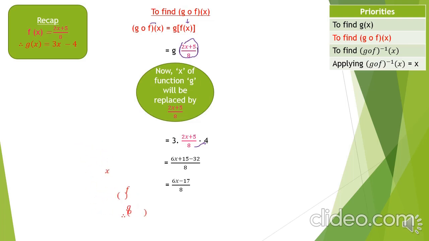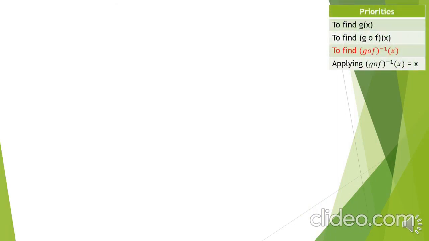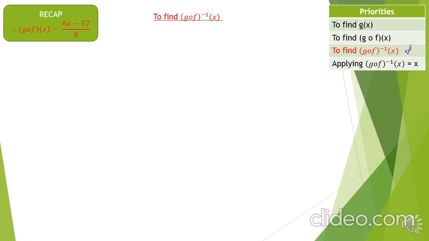Also, in the next slide we have to find the inverse of this. Now we are on this step, to find (g∘f) inverse of x. What we have up to now is (g∘f)(x) equal to (6x - 17)/8. Now we have to find the inverse of this.